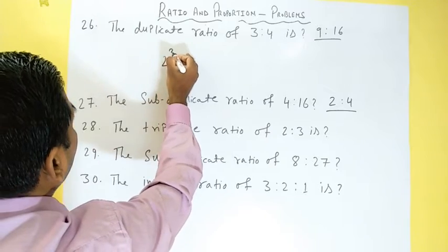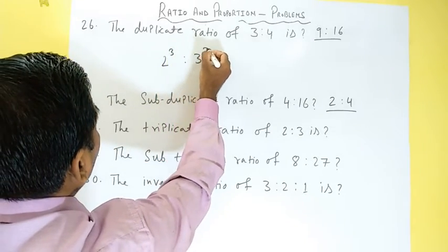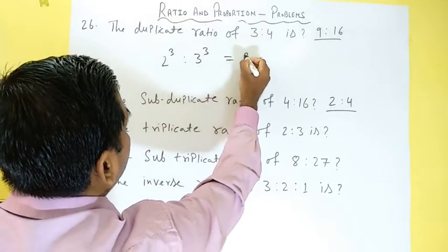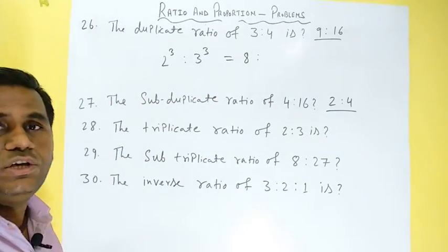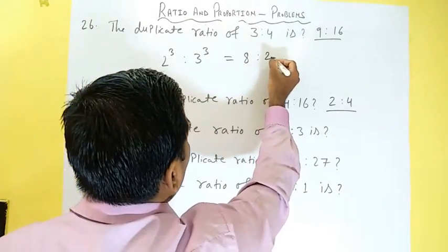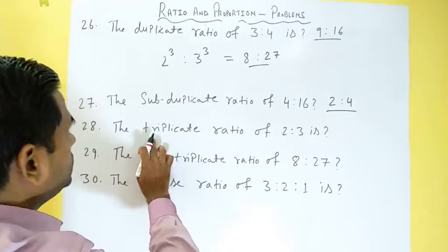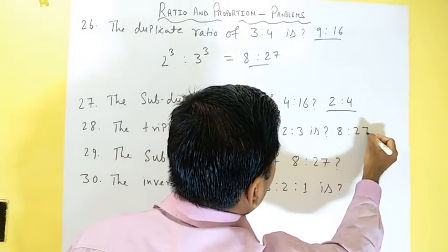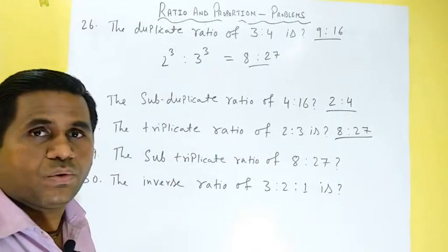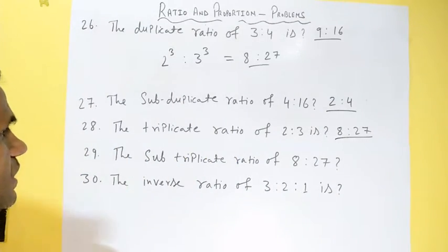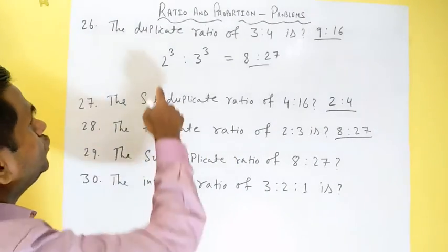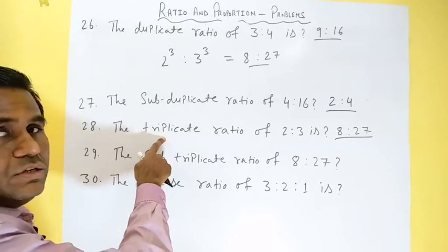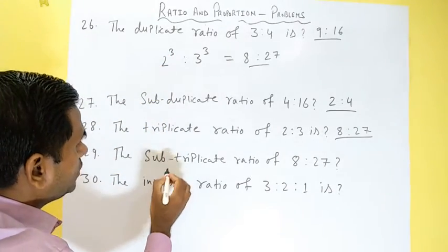So 2 cube is to 3 cube. So 2 cube is 8 and 3 cube is 27. So the answer here is, the triplicate ratio of 2:3 is 8:27.